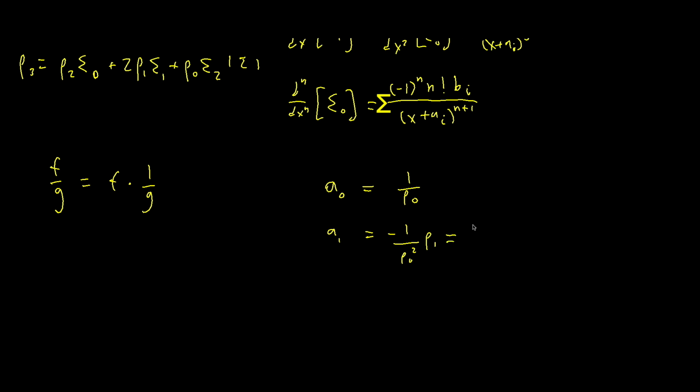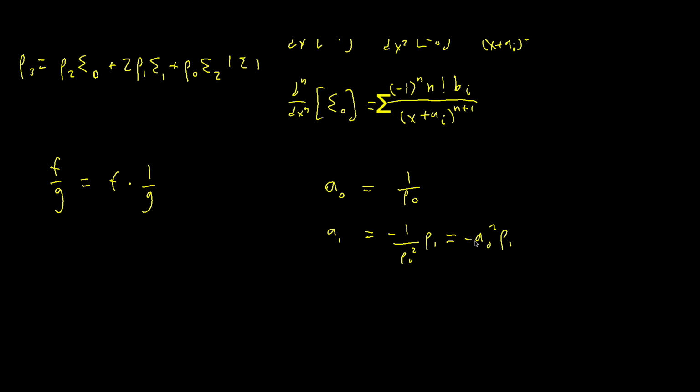This can be rewritten as negative a naught squared times p1. Notice that this is a product of two functions. Now there is a square here, but we can calculate the nth derivative of a naught similarly to how we did above, by the Leibniz product rule.